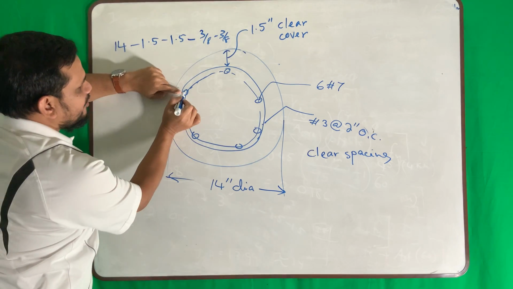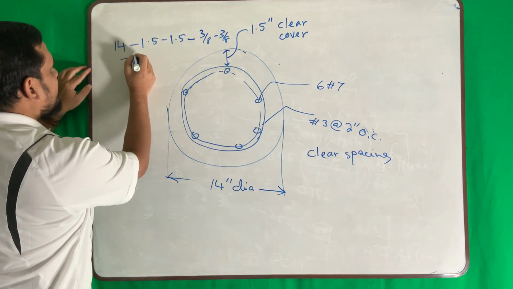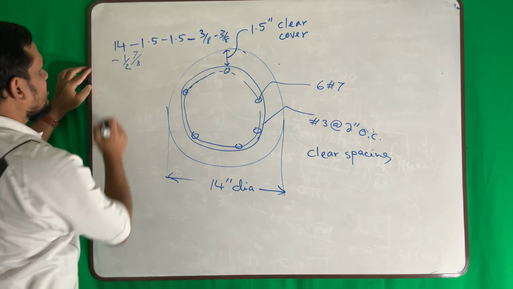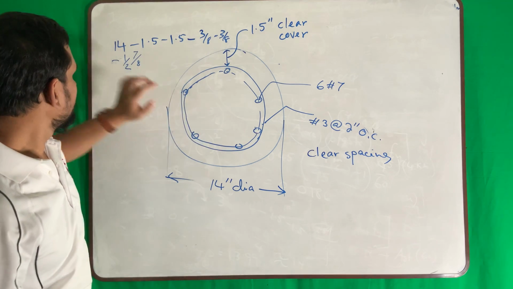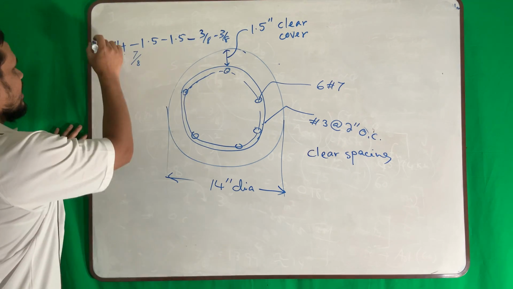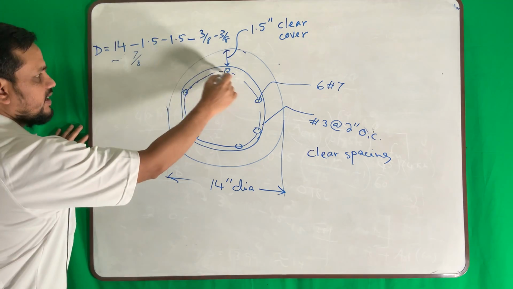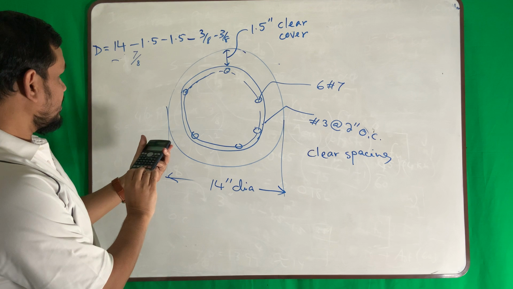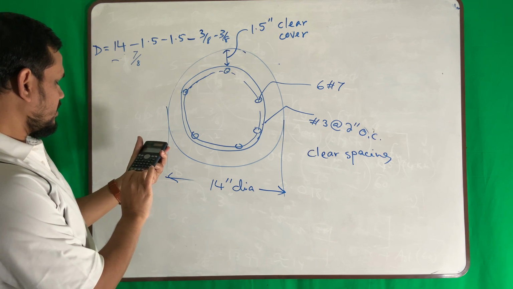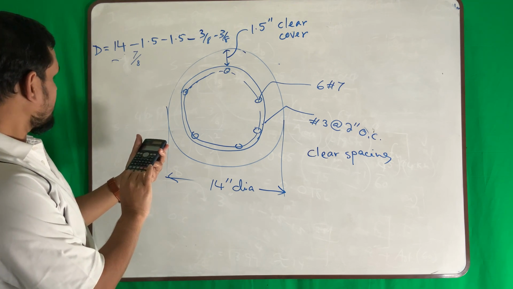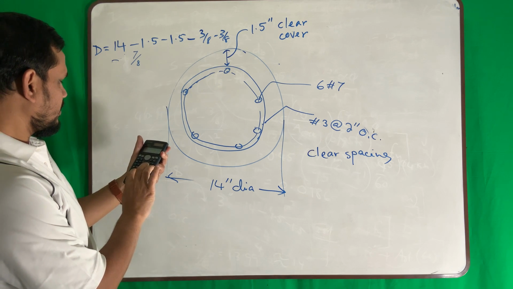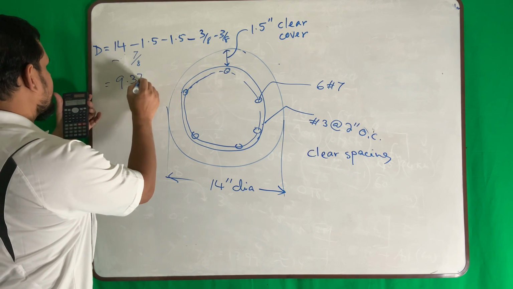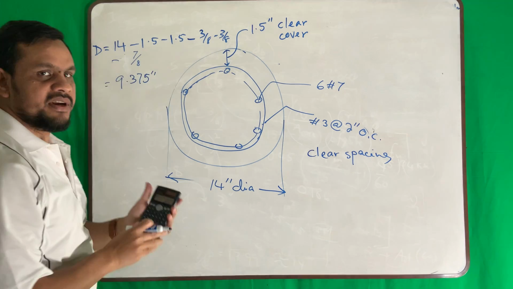Then we will deduct half of the bar, half here, half there, total 7/8. So this center-to-center diameter is 14 minus 3 minus 3/8 minus 3/8 minus 7/8. So that is 9.375 inch, my diameter.